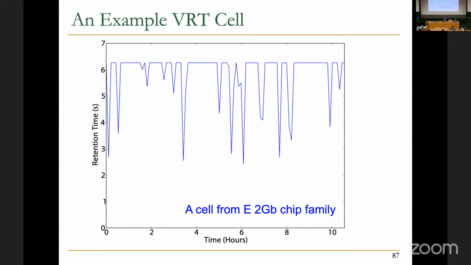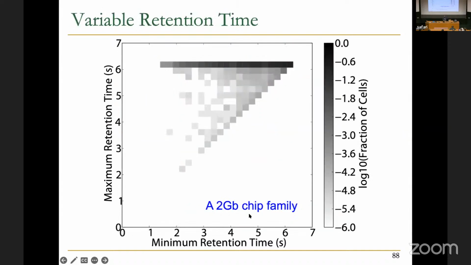This is a single cell's data retention time on the y-axis, and on the x-axis we have hours of testing. As you can see, it can jump quite significantly across different states. We basically need to find this minimum value, and for that we need to test this cell for about 6 hours. It's quite expensive.